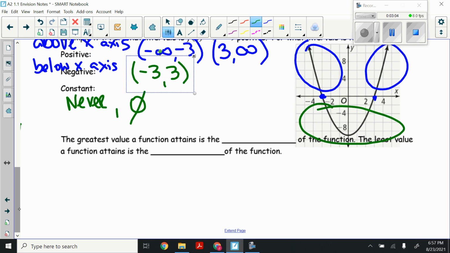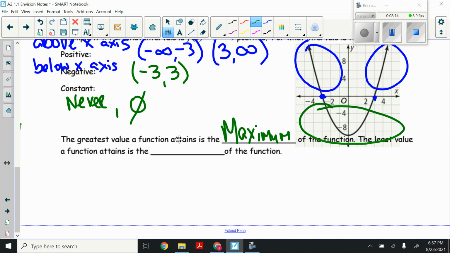All right, some more vocabulary. The greatest value that a function attains is known as the maximum of the function, and we've talked about this before. The least value a function attains is the minimum of the function. On a parabola, the maximum or the minimum is going to be at your vertex.